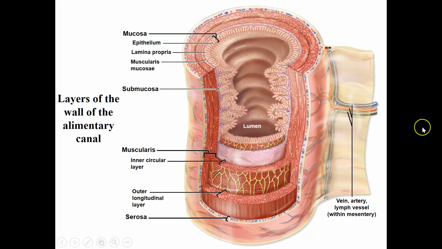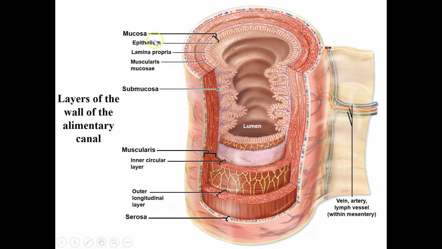All right, so let's take a look at a slide that has a slightly better depiction of what I drew on the board. This looks like a segment of the small intestine to me. In bold here are the four main layers: mucosa innermost, submucosa supporting that, muscularis surrounding those two, and then the outermost, the serosa or serous membrane layer, which is the visceral peritoneum.